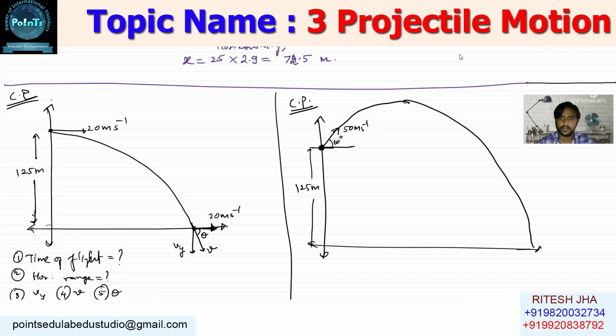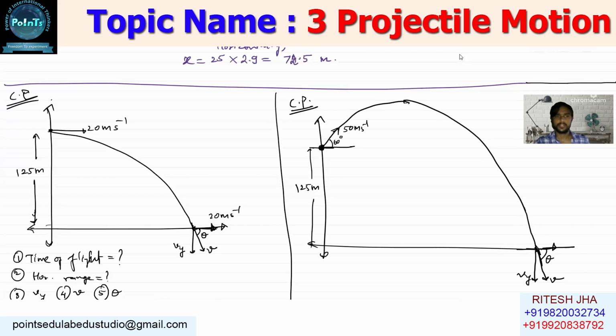Ultimately, it hits the ground over here, with some resultant speed, vertical speed, horizontal speed, making some angle theta over here. This is Vy, this is V.